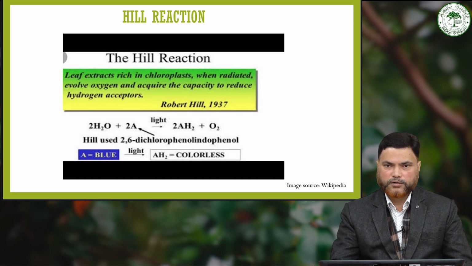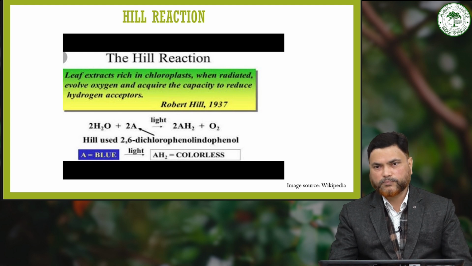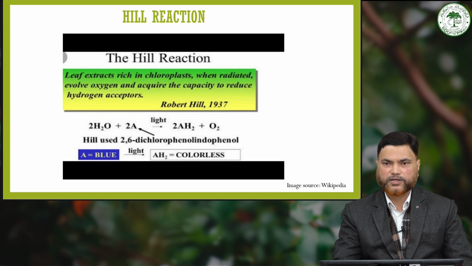Now, a very important event in this sequence is the Hill reaction. Now the question is, what is the Hill reaction? So the Hill reaction basically involves the light-driven transfer of electrons from water to Hill reagents, which are non-physiological oxidants.